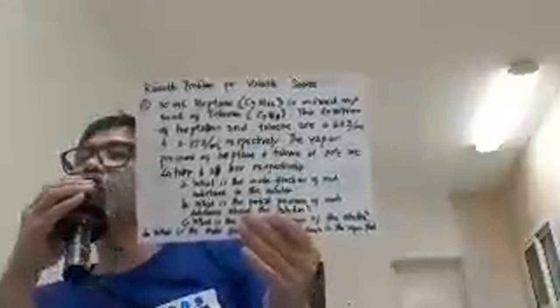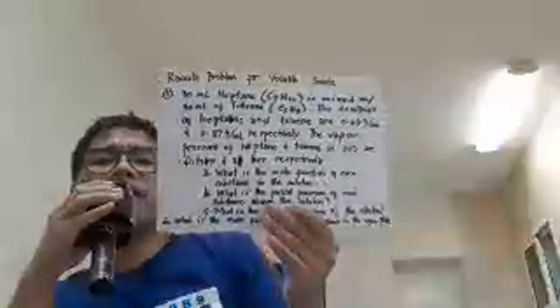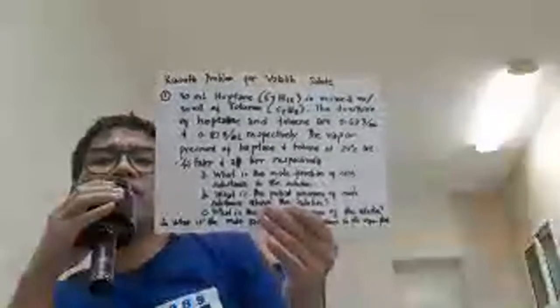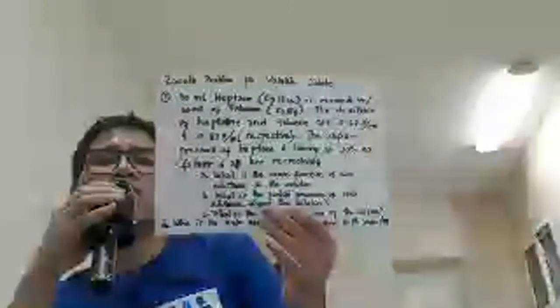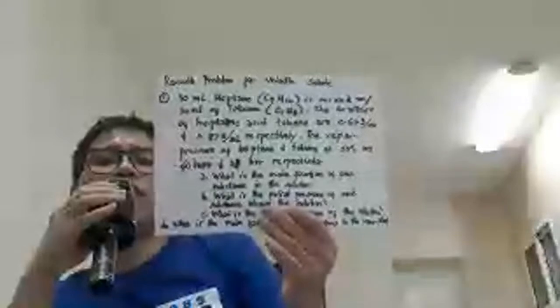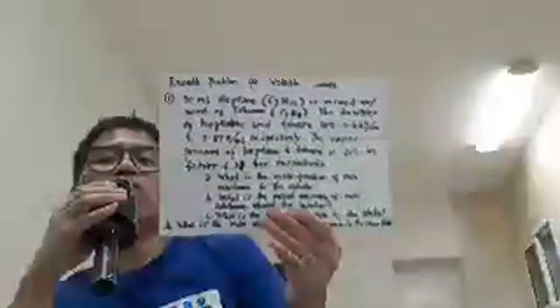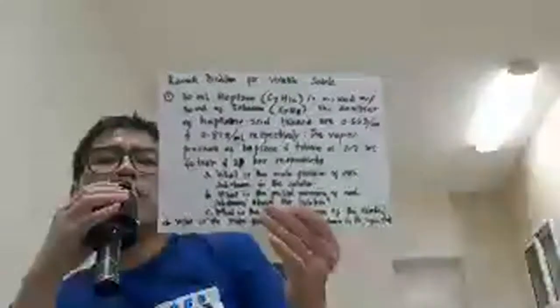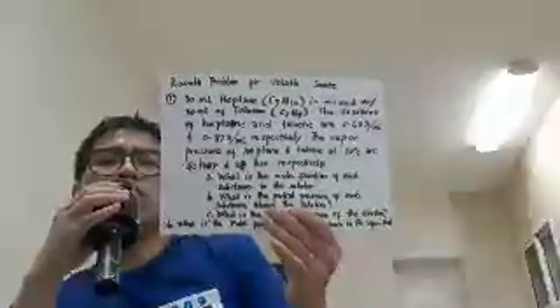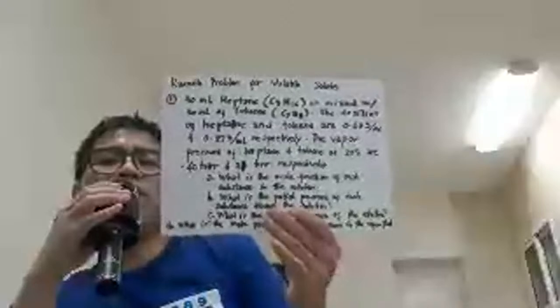This is the problem. I have no whiteboard, so I cannot write clearly. This is only an A4 size of paper, so it's very difficult for you to write it out. So I'll give you more time to record and write the problem carefully. With the formulas for this Raoult's law, you need to listen to me and also go over your computation of what is being required in this problem.